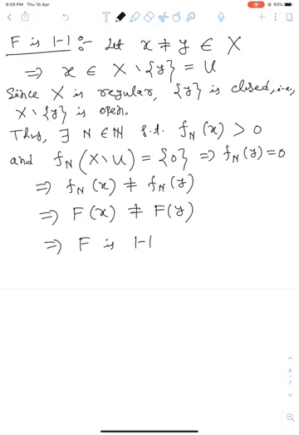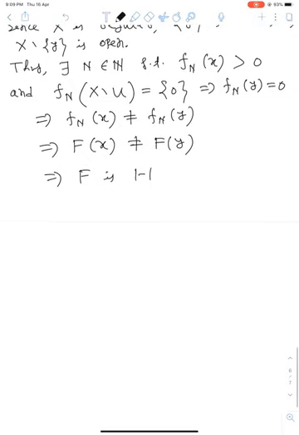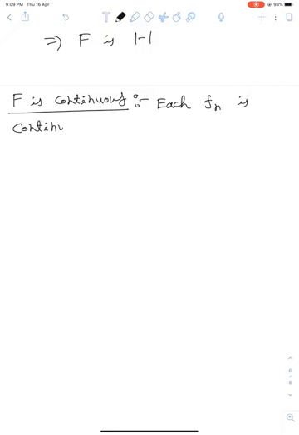Now why is f continuous? This is also simple. The next claim is that f is continuous. Each f_n is continuous and R^omega has the product topology.